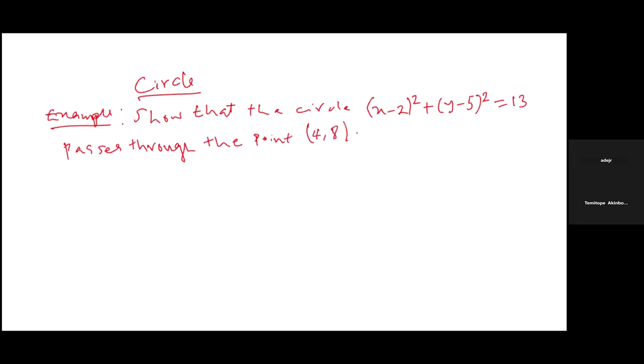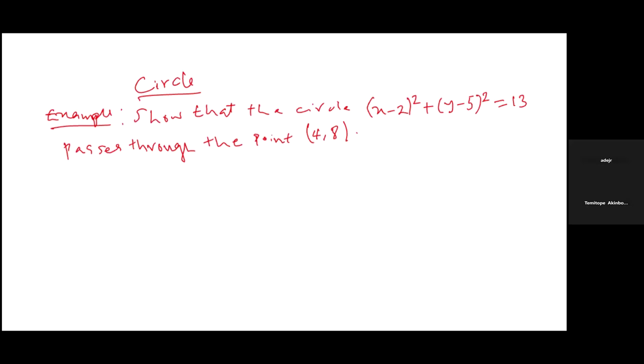Okay. Now, if you are asked to show that a circle passes through a point, remember, I gave you a remark that says that if f(x, y) = (x − a)² + (y − b)² − r² = 0 passes through the point (P, Q), then f(P, Q) = 0, or f(P, Q) equals r².